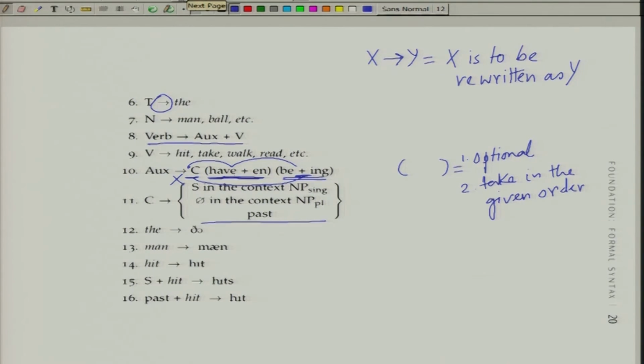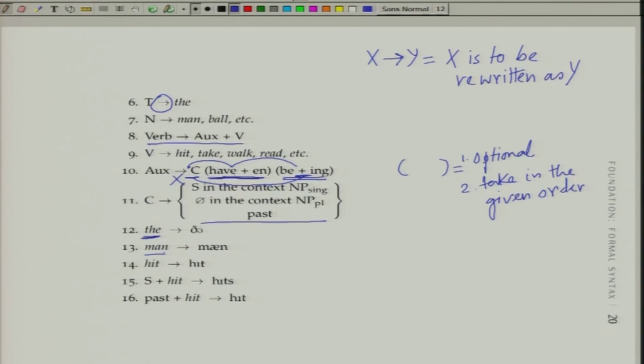Now we differentiate between a word and its physical manifestation. The word, say man, is an abstract thing because no two people say man in the same way, but the word man is manifested through infinite different pronunciations.